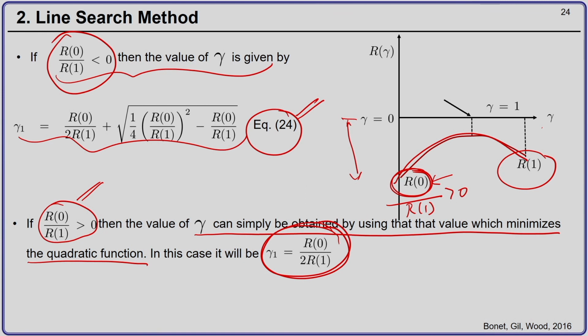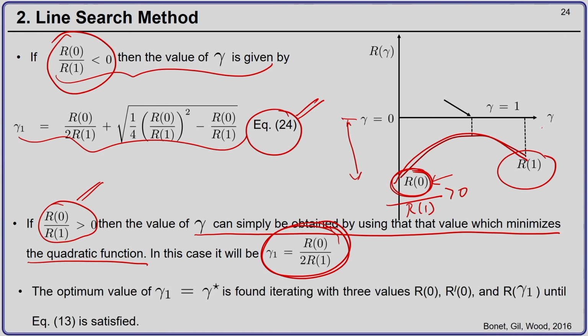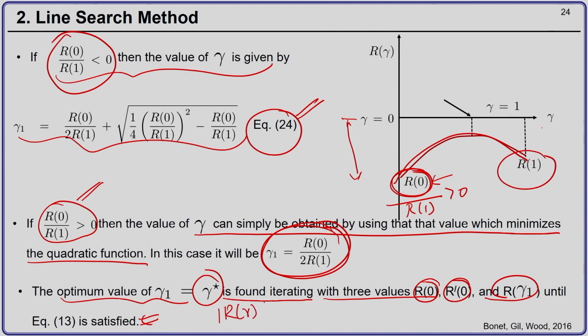Okay. And then the optimal value of gamma, that is gamma star, will be found by iterating the three values R 0, R dash 0 and R gamma 1 until equation number 13, that is R gamma less than kappa times R 0, is satisfied.